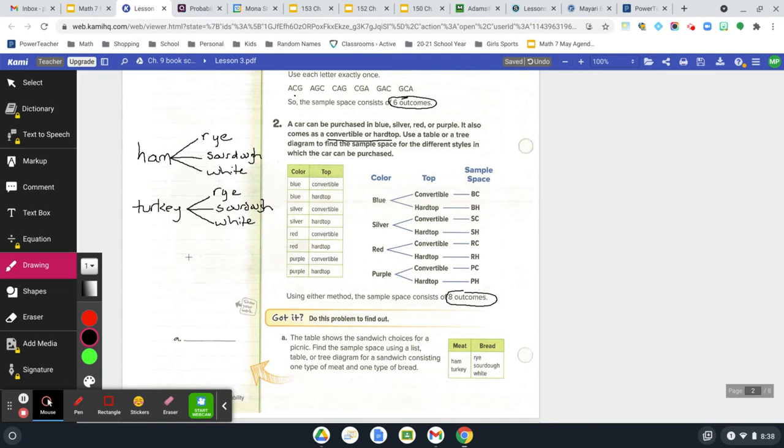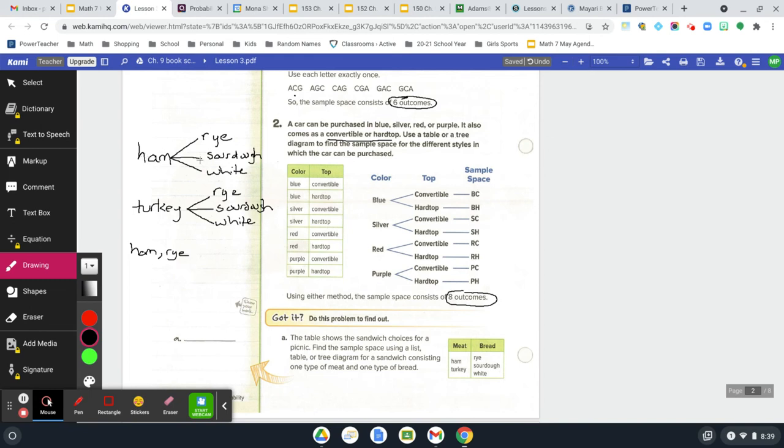Now I'm going to look at my sample space, which means how many possible sandwiches can I choose from? How many outcomes are there? So I'm going to start with the ham, and I'm going to follow the branch, and I can get a ham and rye sandwich. So I'll write it out like this. If you wanted to, you could put HR to represent ham and rye.